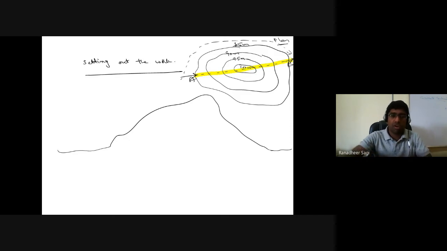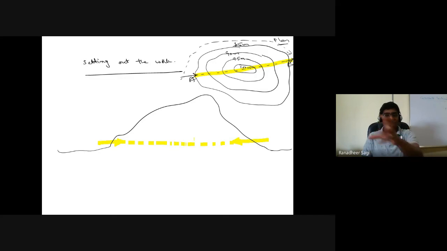From one direction we start excavating the soil, and from the other direction we start excavating the soil, and people coming from this side and people coming from this side both have to intersect at one particular place, which gives you a passage like this, which we are calling your tunnel.